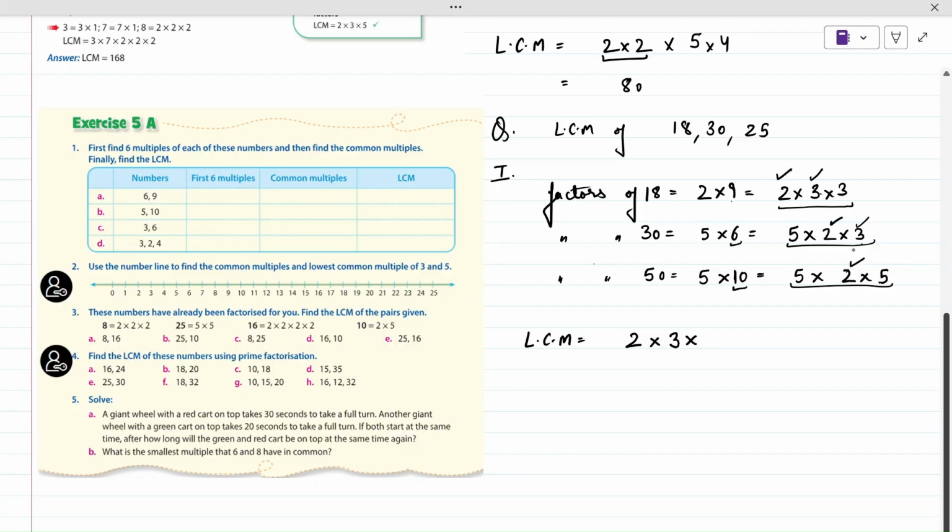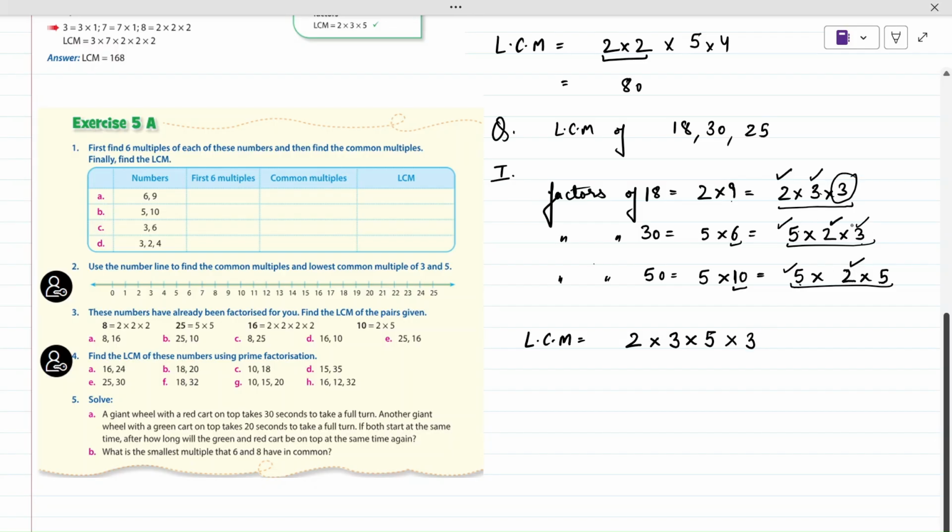Next, we have 5. 5 is not here, but it is present here and here also. So this is common. For these two, we are taking 5 one time. Now we have to write down the uncommon factors also. This 3 is not common, we have to write it.